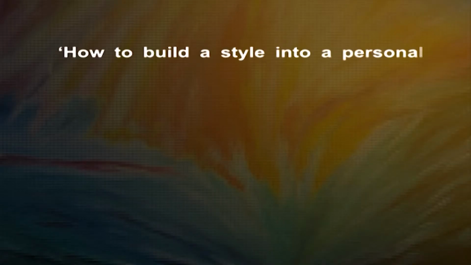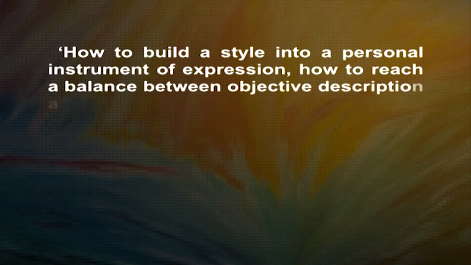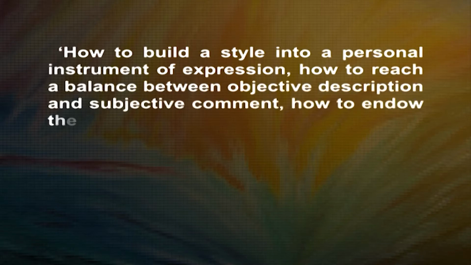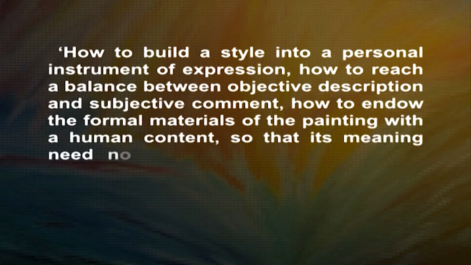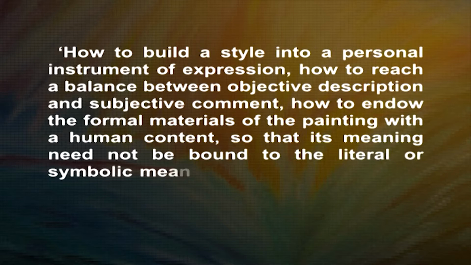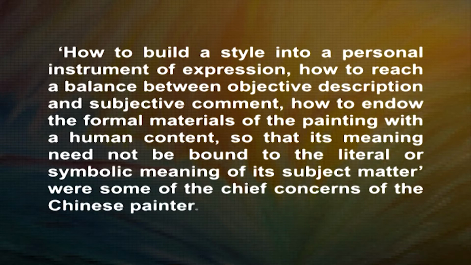How to build a style into a personal instrument of expression, how to reach a balance between objective description and subjective comment, how to endow the formal materials of painting with a human content so that its meaning need not be bound to the literal or symbolic meaning of its subject matter were some of the chief concerns of the Chinese painter.